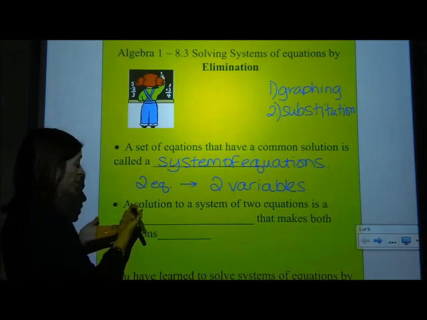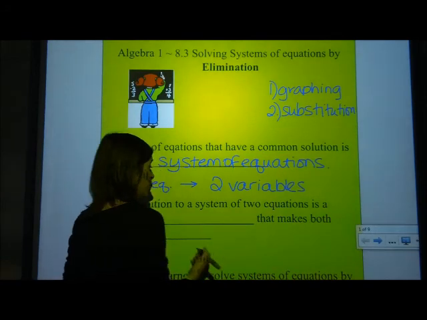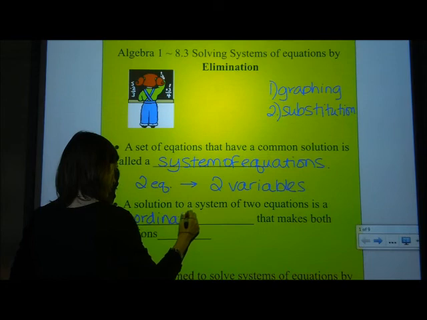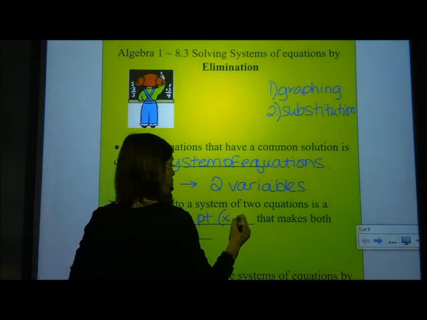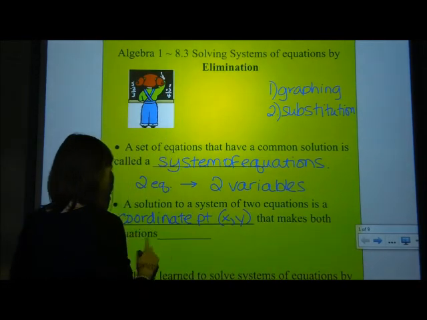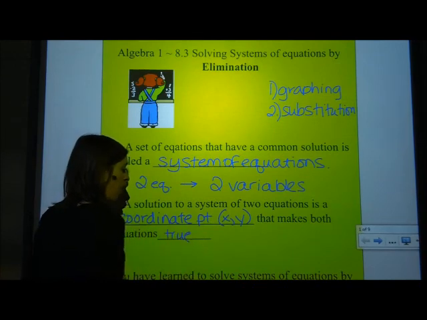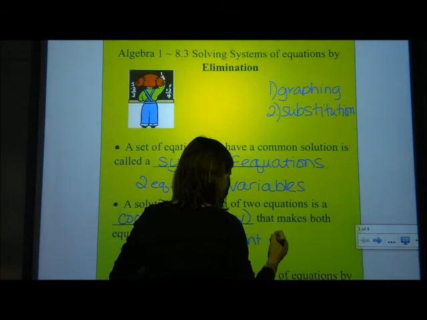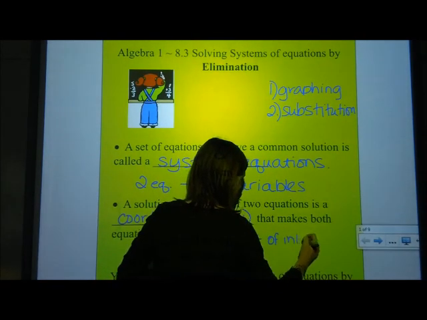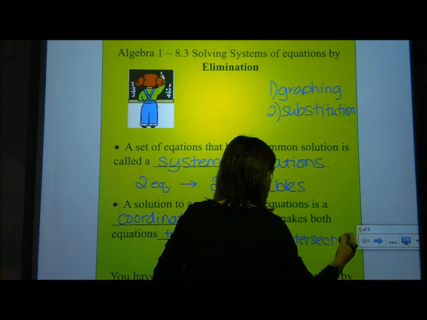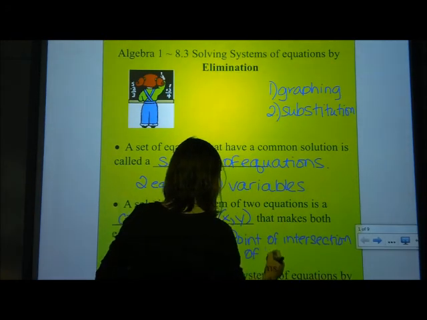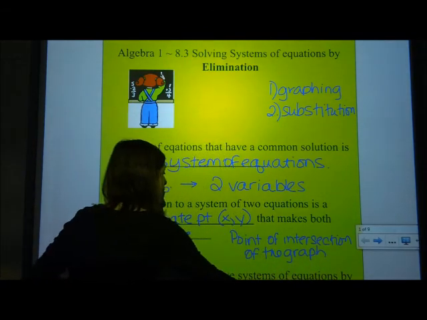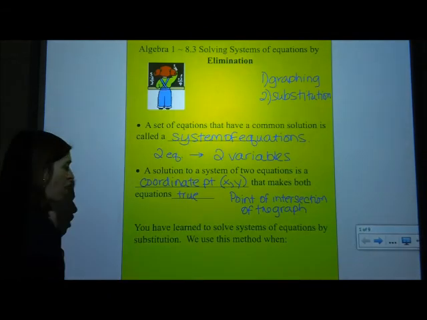We should know at this point that a solution to a system of two equations is an xy coordinate point that makes both equations true. And we've talked a lot about how it really is the point of intersection on the graph. So all of that should be stuff that you remember.